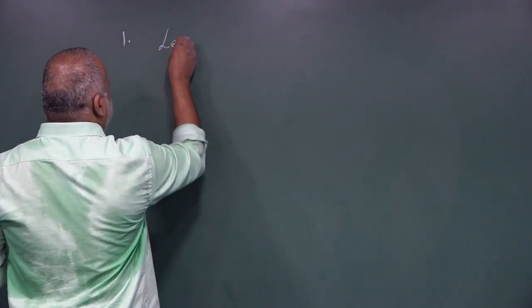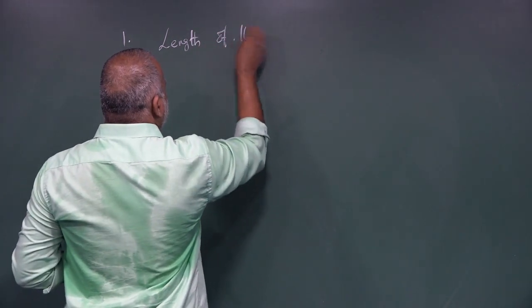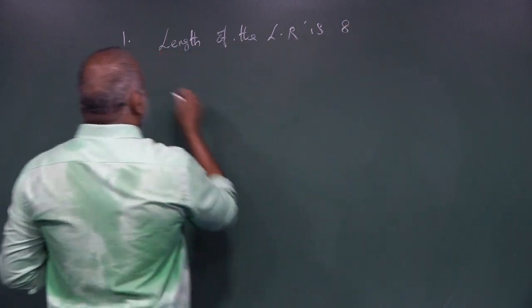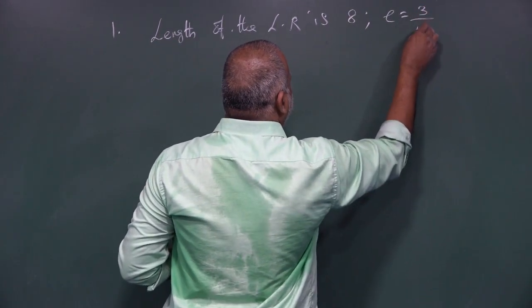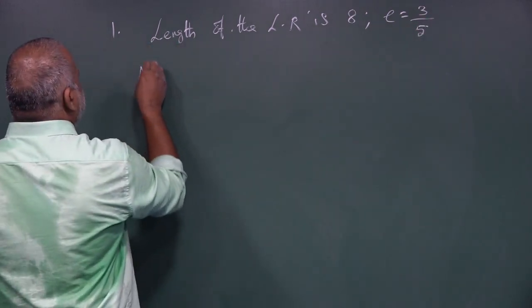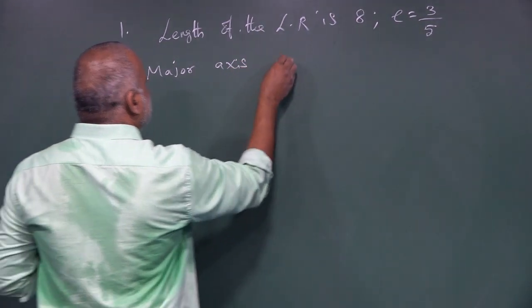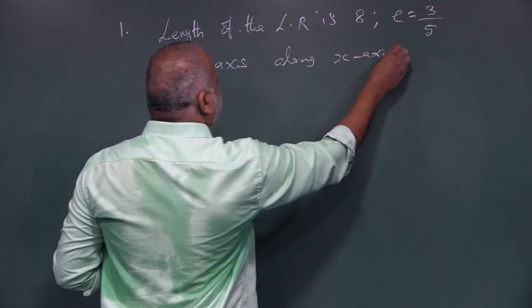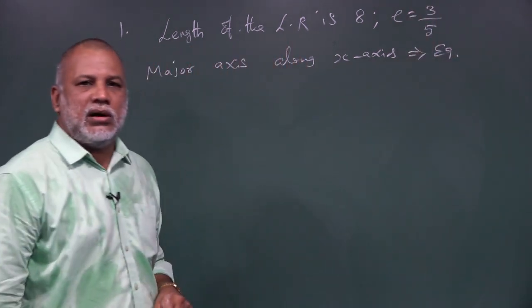Length of the latus rectum is 8 and e equal to 3 by 5, major axis along x-axis. Find the equation of the ellipse.